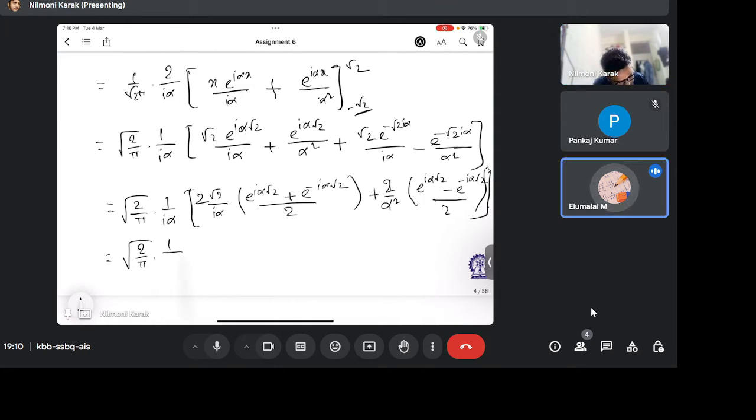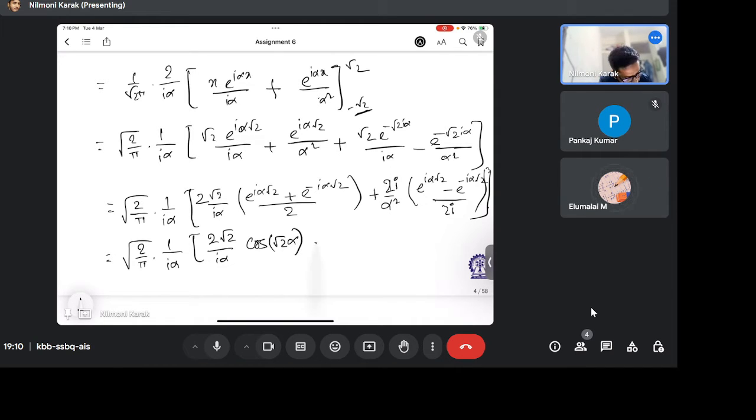You have to multiply by i, otherwise you don't have the formula. Then 2 root 2 i alpha, this is cos alpha, meaning the cos x formula, so this is cos root 2 alpha. And then 2i alpha square sine root 2 alpha.